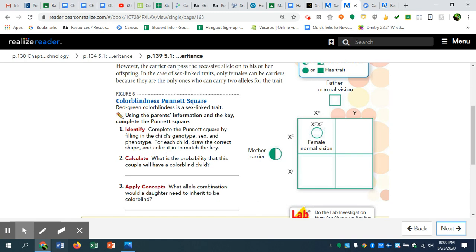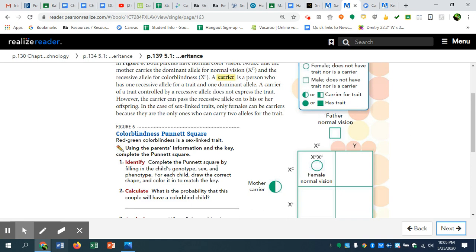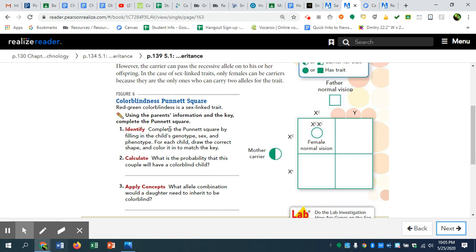All right, so using the parent's information, so using this information here and this key up here, we're going to complete this Punnett square. So complete the Punnett square by filling in the child's genotype, sex, and phenotype for each child. Draw the correct shape and color, but we don't have to color it in.